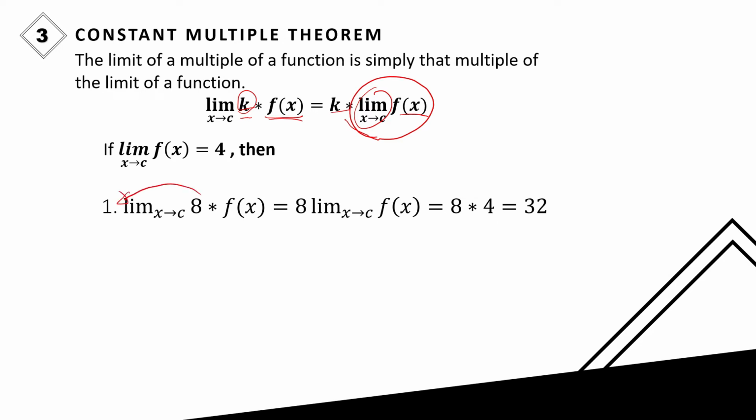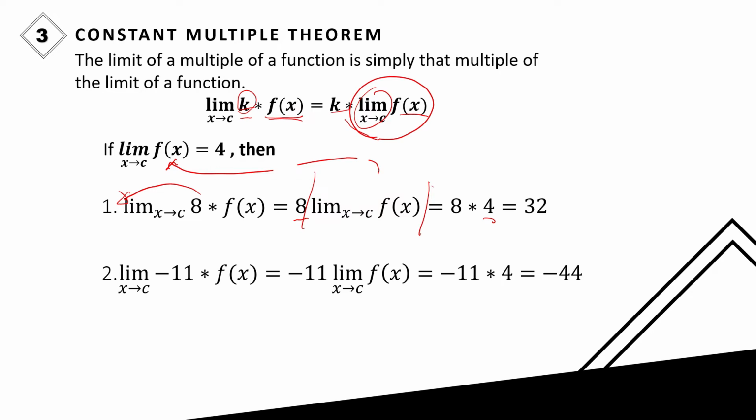And then we have here, 8 times the limit of your function as x approaches c. Kung mapapansin nyo, in this part, ay meron tayong value andun, which is equal to 4. Kaya nag-substitute tayo ng 4. Ayan. So, we have 8 times 4 that is equal to 32. So, the limit of our function is equal to 32.